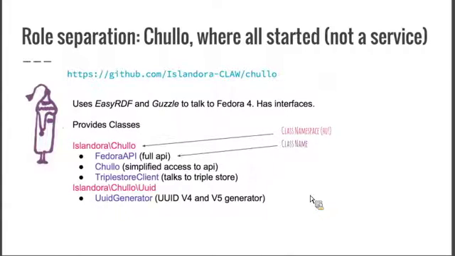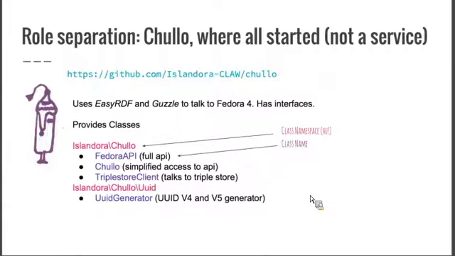We have Islandora Chullo, which provides a Fedora API. This is a full API that allows us to put, get, and do whatever we want with stuff in Fedora. We have the Chullo class, which is a simplified version of this Fedora API. It does more pre-processing, so it's smarter, but also less flexible. And we have the triple store client, which can ask for stuff from our triple store, in this case Blazegraph, and parse those responses as a graph using EasyRDF.